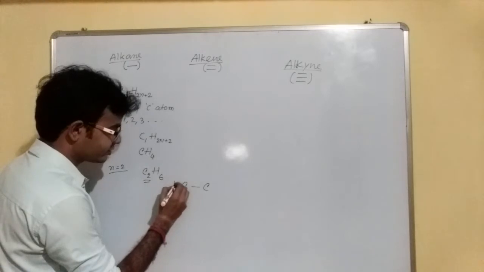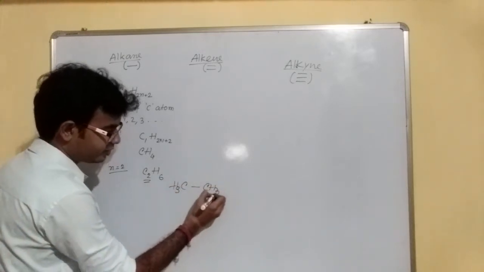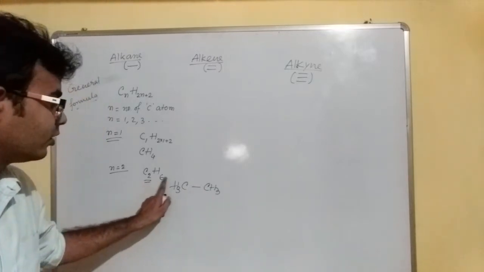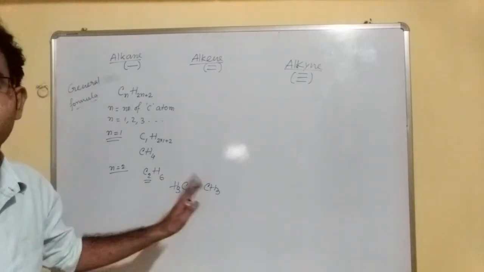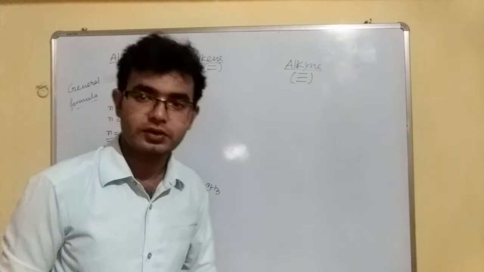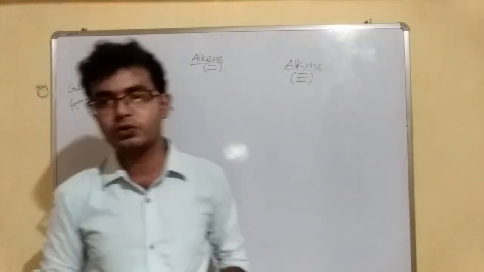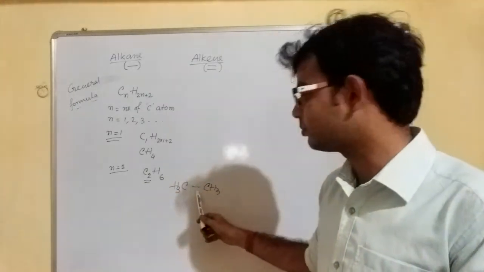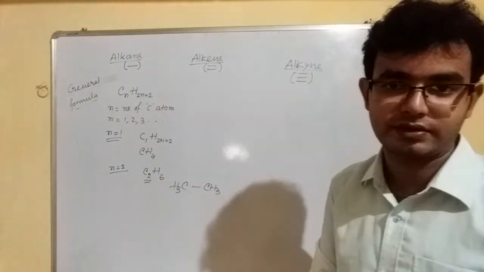Now fill by hydrogen, CH3 CH3. So this one is the formula, this one is the structure of the compound C2H6. Clear हुआ? C2H6, the structure of this compound is CH3 single bond CH3.